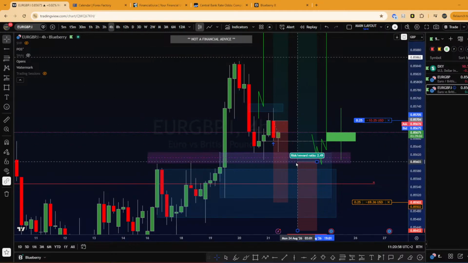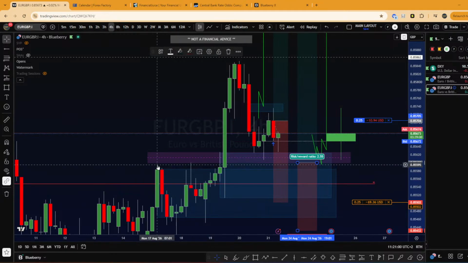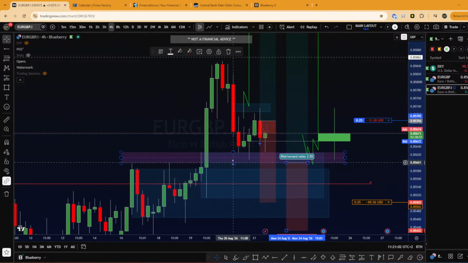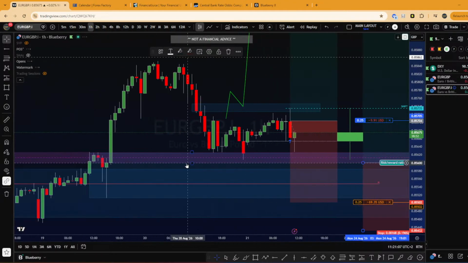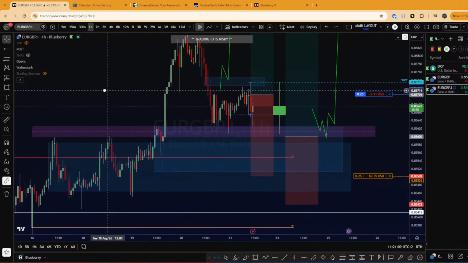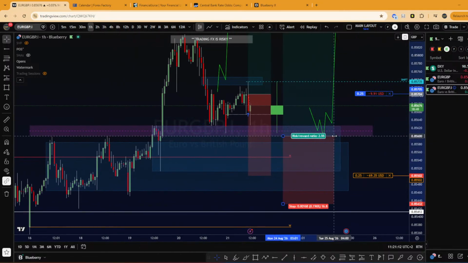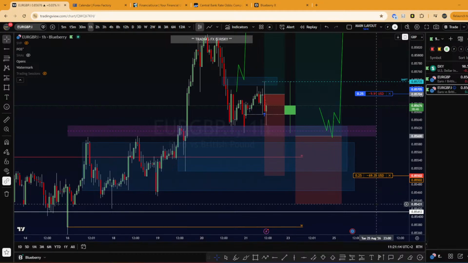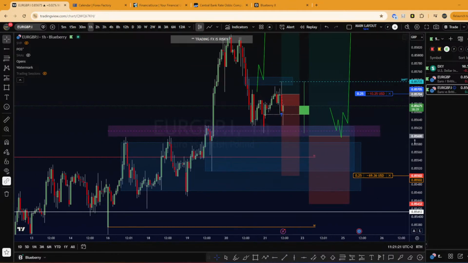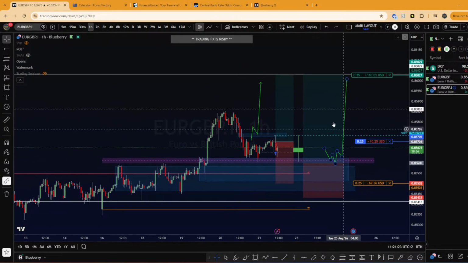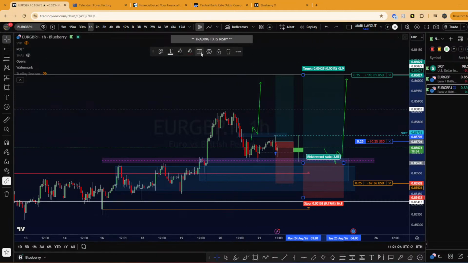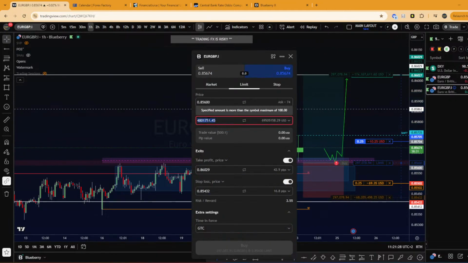Maybe here will be very interesting to retest this level. Yeah, this is where I want to put my stop. Okay, this will be my swing position in case we want to reach a lower buy limit.